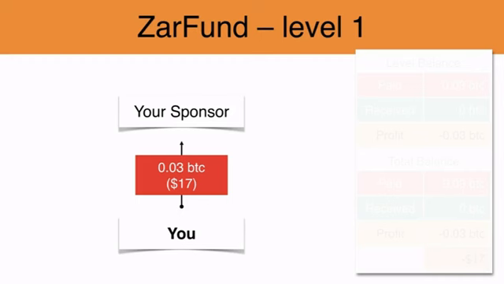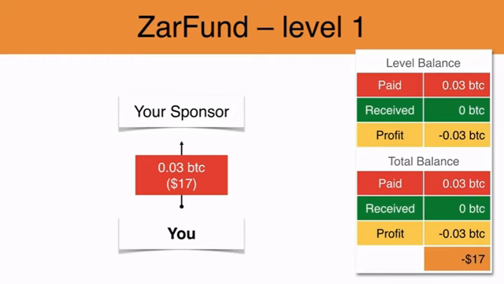That's your first step. Once you send that money to your sponsor, that automatically puts you at level 1. Until you pay, you're going to be at level 0. Hopefully that is pretty clear.